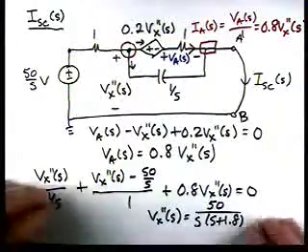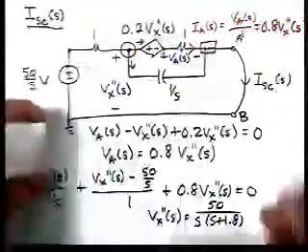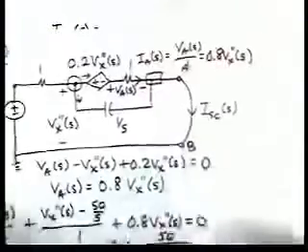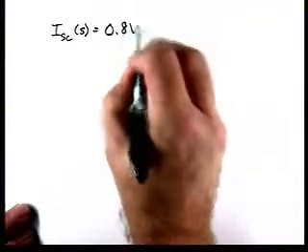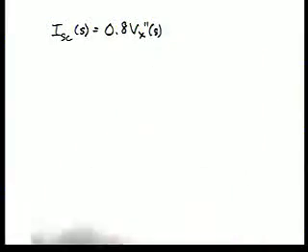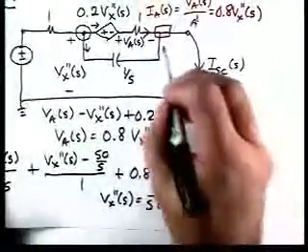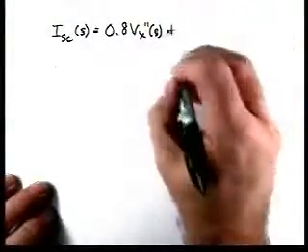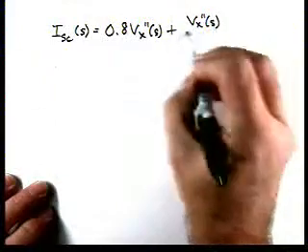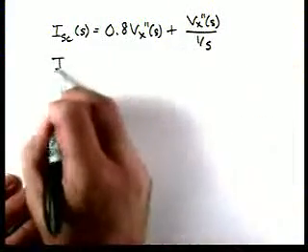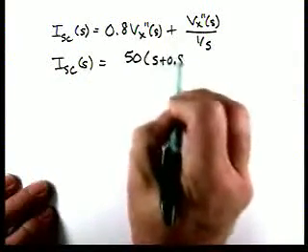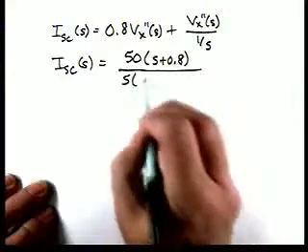So we have I short circuit leaving, and entering, we have IA, which is 0.8 Vx double prime of S. And then this current is Vx double prime of S over 1 over S. And then I short circuit of S is 50 times S plus 0.8 over S times S plus 1.8.